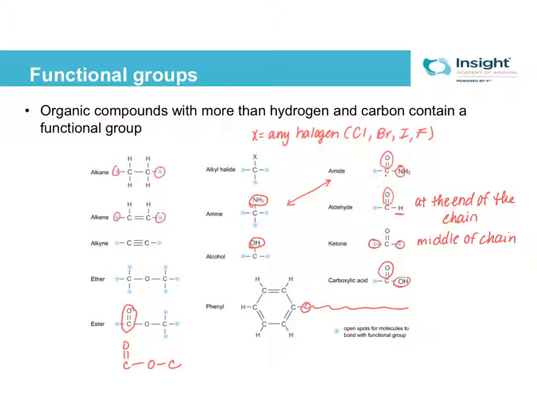All right, so again, I don't know why erasing's not working. There we go. I'm going to erase some of this stuff so that you can have a nice clear picture.